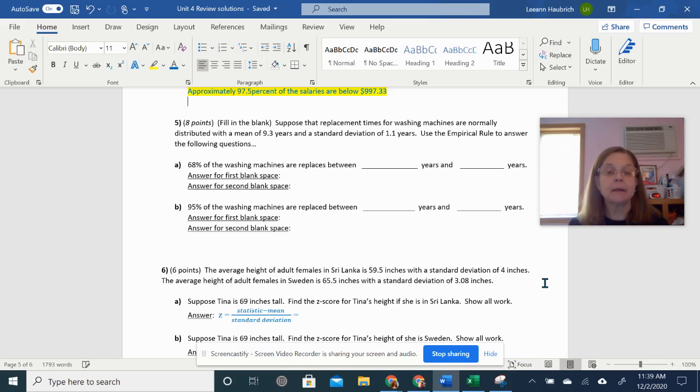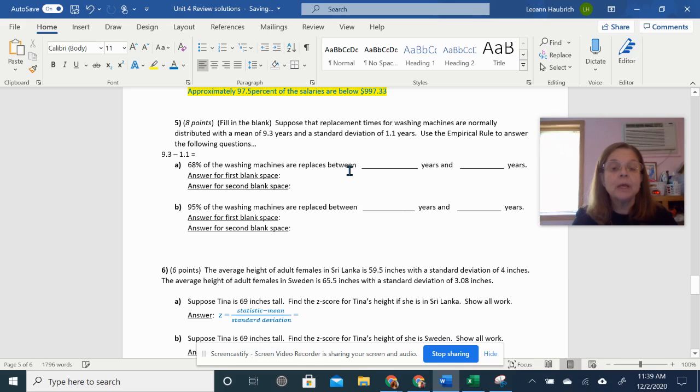Question A. I think I just answered them. 68% of the washing machines are replaced between. So what I need to do is I need to know what 9.3 minus 1.1 is. 3 take away 1 is 2. 9 take away 1 is 8. So it's 8.2 years on the low side.